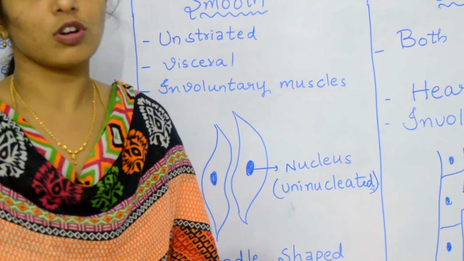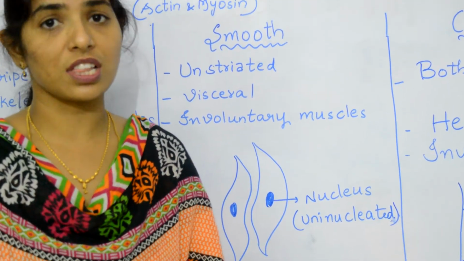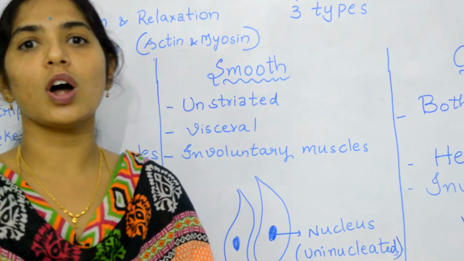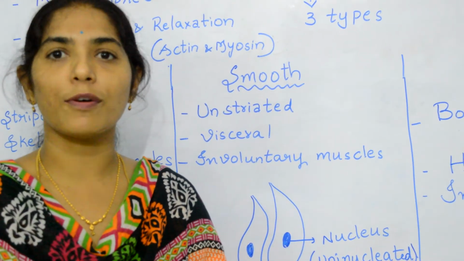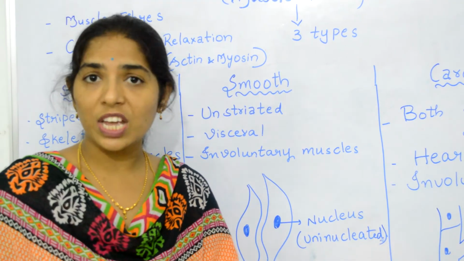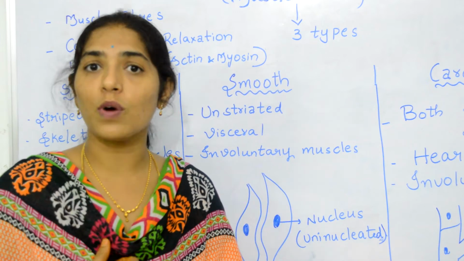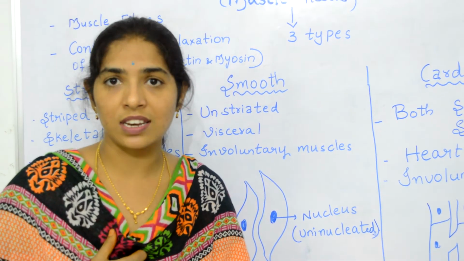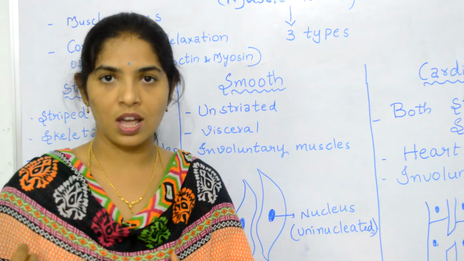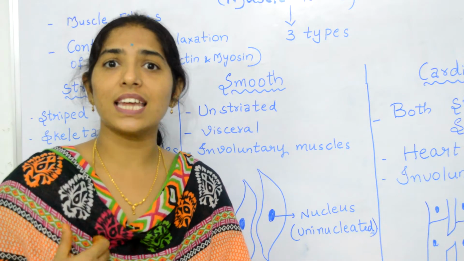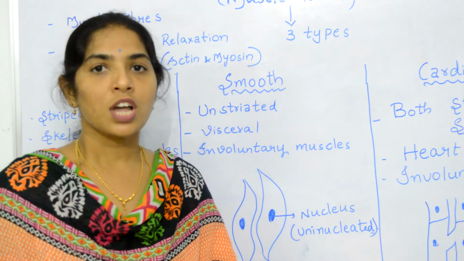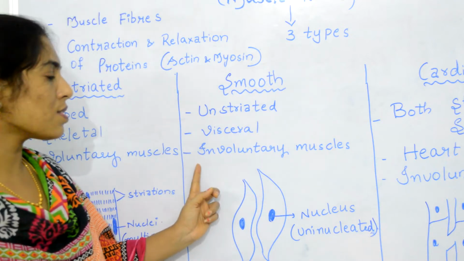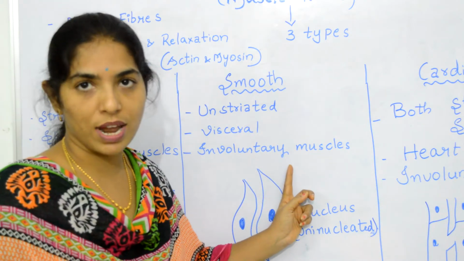Why are they called involuntary muscles? It is because these muscles do not work according to the will of a person. We cannot stop the movement of food once it enters our alimentary canal. It just goes on. That means it is an involuntary action. So these muscles are responsible for involuntary movements.